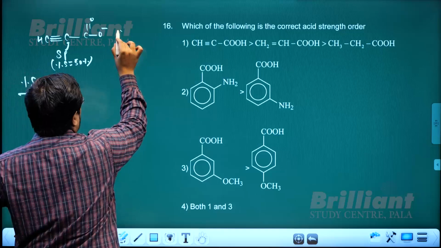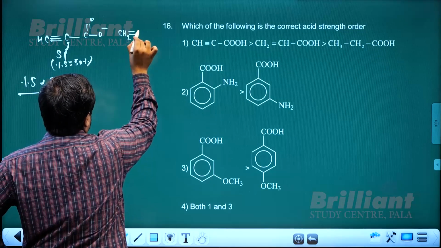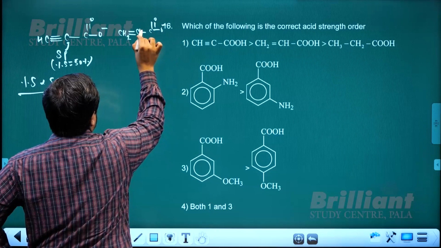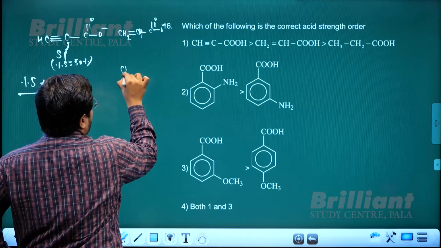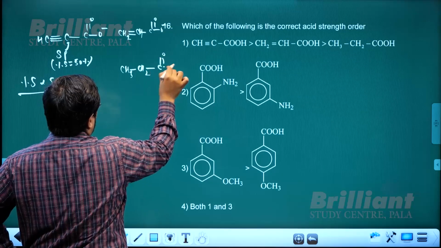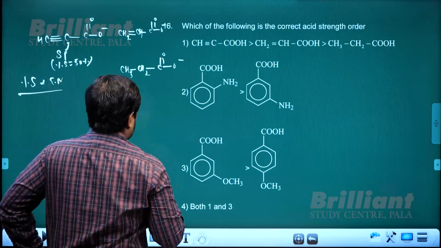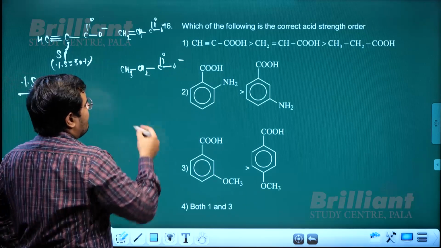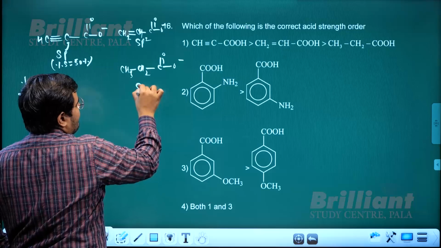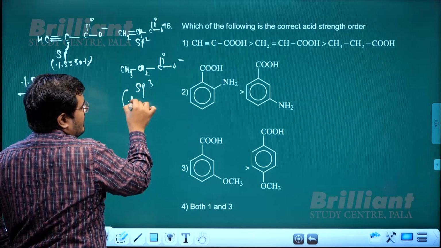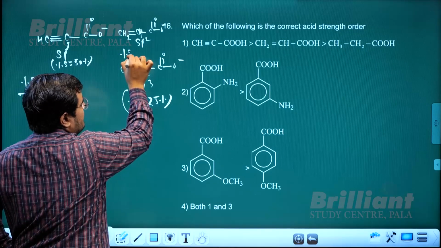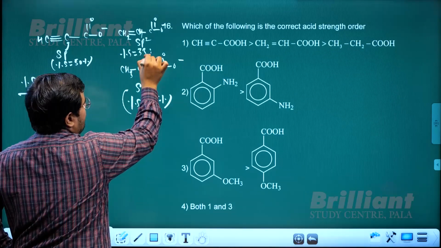Whereas in the other case, it is CH2=CH-C(=O)O minus. And in the last case, it is CH3CH2C(=O)O minus. So here you can actually see the effect of hybridization. Here the carbon atom is sp2 hybridized, here it is sp3 hybridized. Percentage s here is 33%, and here it is 25%.